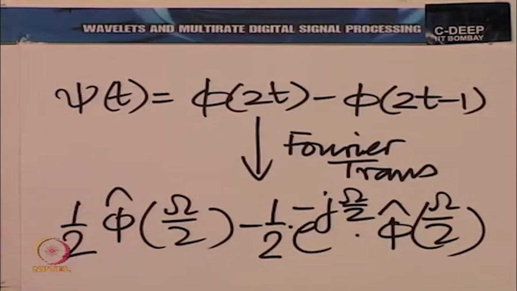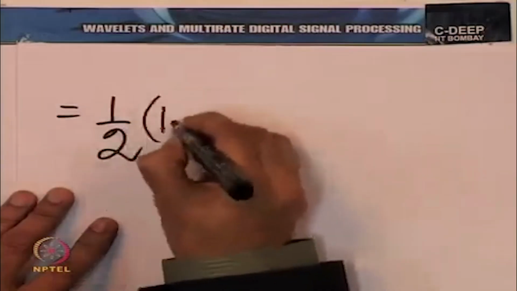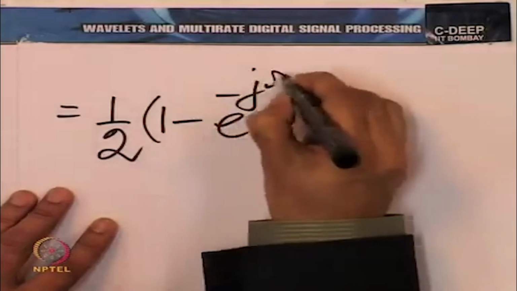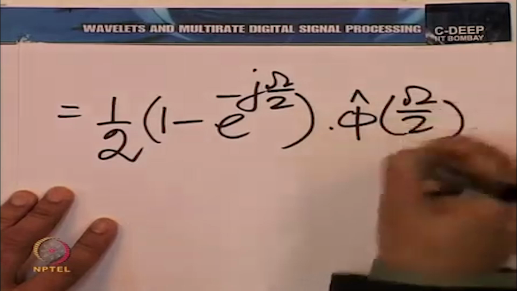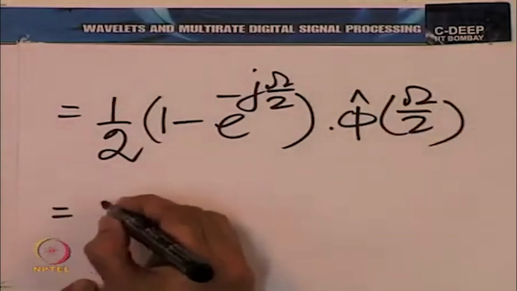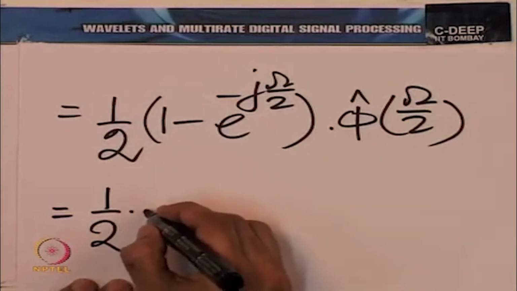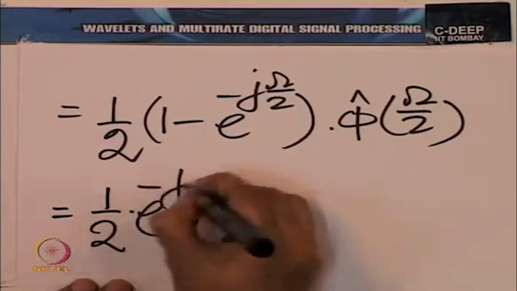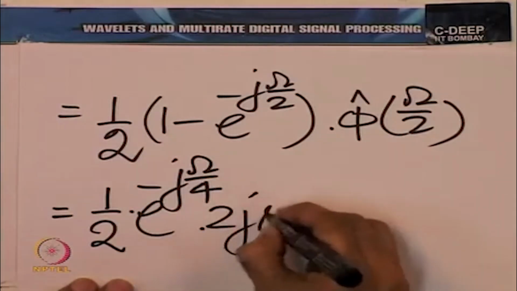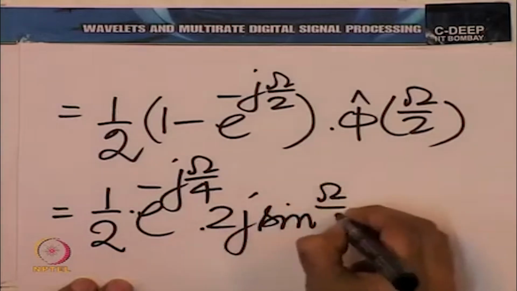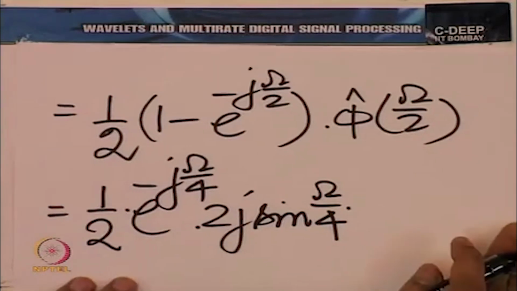And if we aggregate terms, we have phi cap omega by 2. And this is easy to write. This is half. Well, we can play the same trick. We can extract an e raised to the power minus j omega by 4 common from here and get 2 j. I am skipping a couple of steps, sin omega by 4, and we know the expression for this.